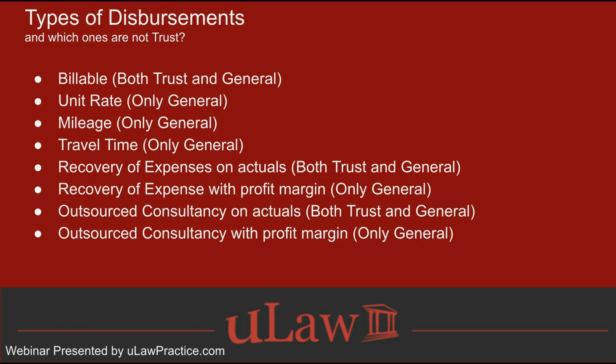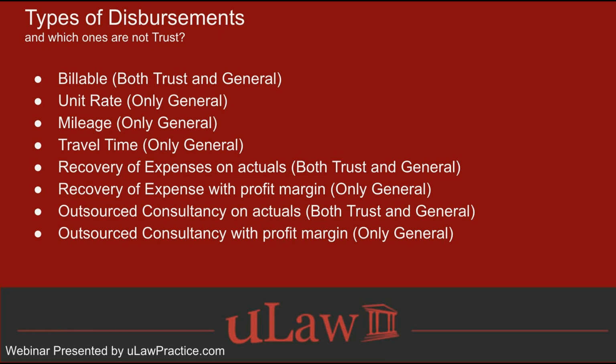Even an outsourced consultancy, even a third-party work can also be paid from trust. So there's a clear division of types of disbursements that can be paid from trust and that can be paid from general, right? So over here, what does it say?